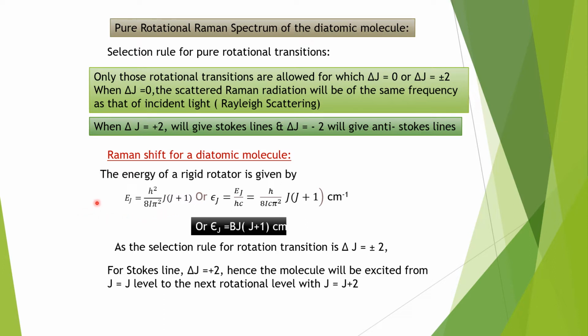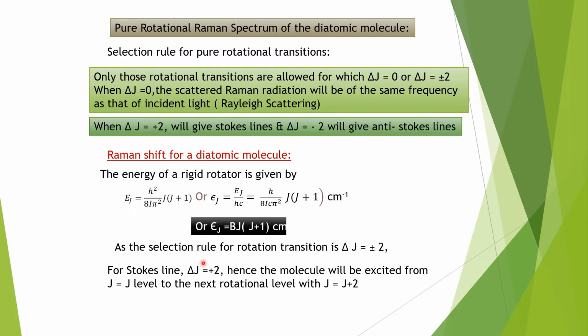So if you divide this expression of Ej by h into c, you will get h divided by 8 pi square I c into j into j plus 1 centimeter inverse. So this is the expression of energy of a rigid rotator, which can also be expressed as epsilon j is equal to B into j into j plus 1 centimeter inverse. So naturally B is given by h divided by 8 pi square I c.